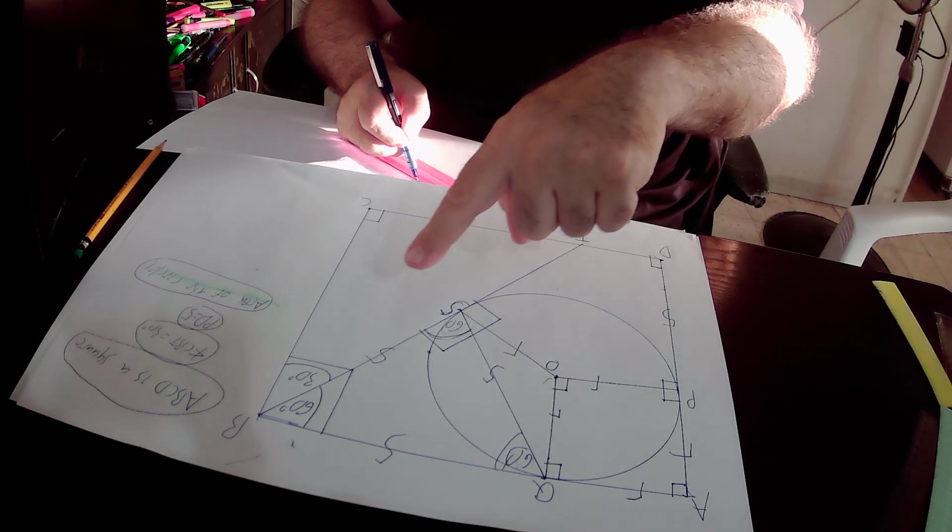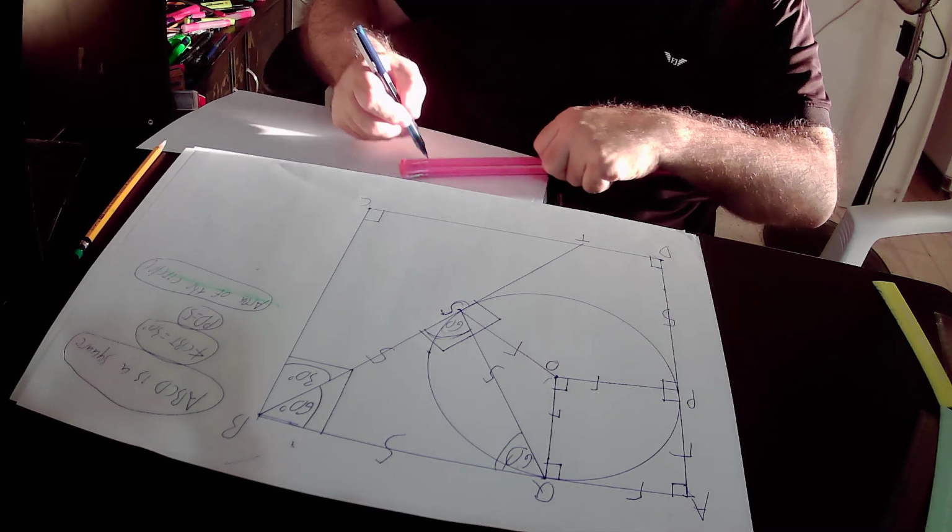Angle OSB equals 90 degrees according to rule number 1.